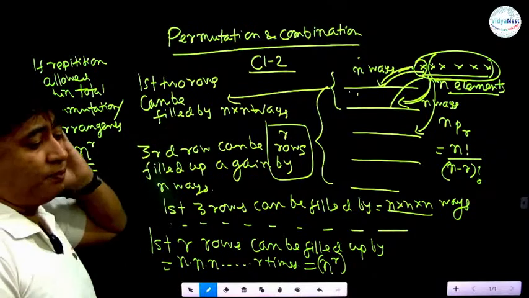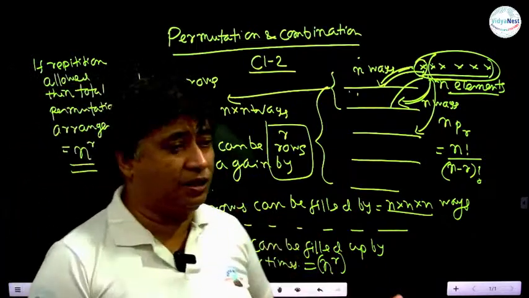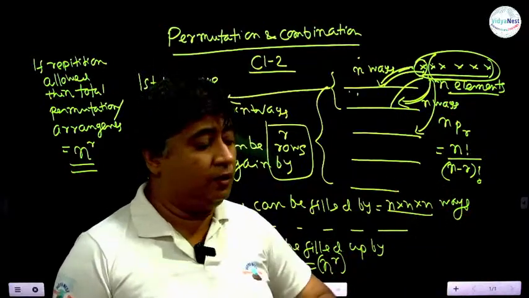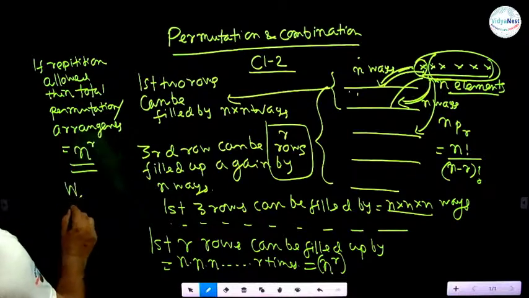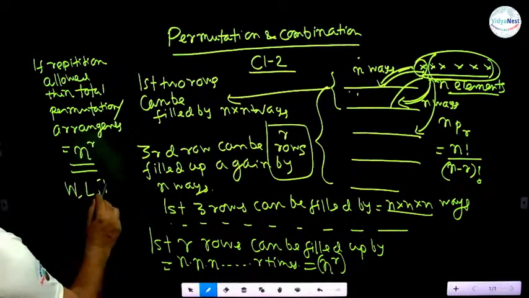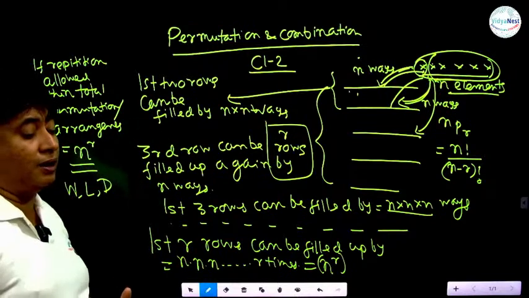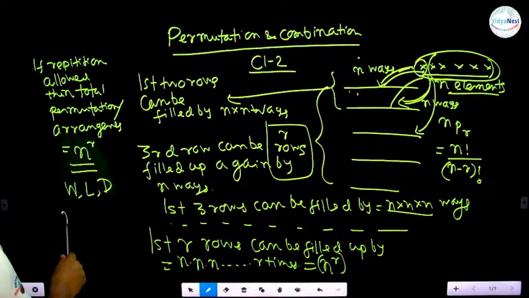For one example, suppose a football match is on. 3 football matches in a consecutive row. Total outcomes are win, loss, draw. So each outcome can occur with each match. So n to the power r, where n is 3 and r is also 3.